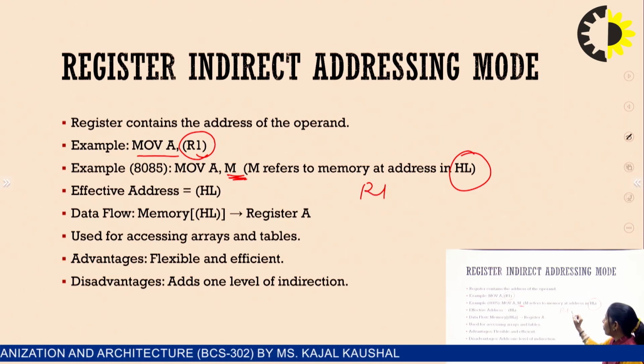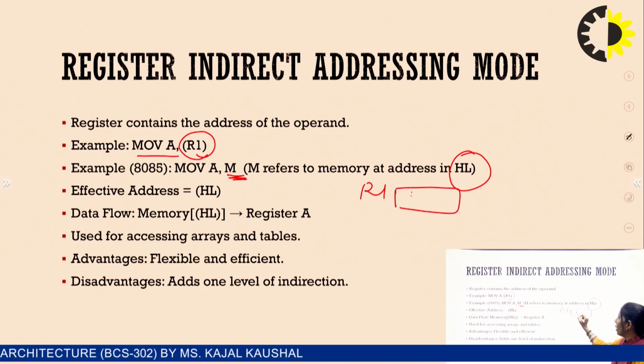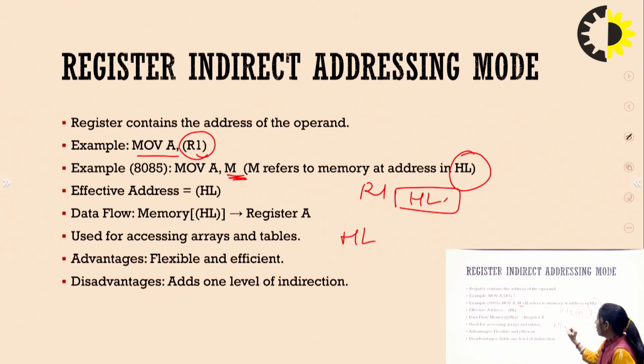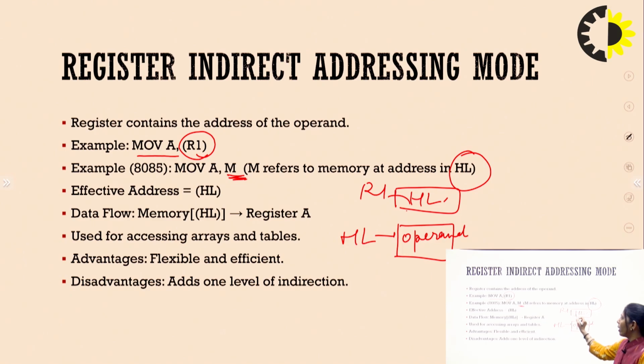R1 has a register value, an HL location. That HL location will give us the operand value. So, we are reaching the operand via this address. Our register has an address, and that particular address may be of another register. It may be of a memory location as well. It can be of any location.